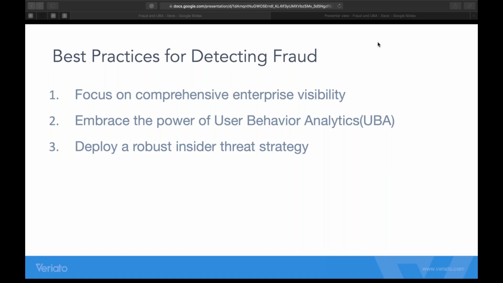And so I always say the table stakes are you can't protect what you can't see, especially when your attacker knows your environment just as well, if not better than you know it. And so enterprise visibility and knowing your assets becomes very critical. You can't see fraud happening on assets that you don't know are there or that you don't have data and logs on. The basis of all of this is that you need to have that in order to effectively use analytics or be able to apply artificial intelligence or some of those things that you mentioned earlier.